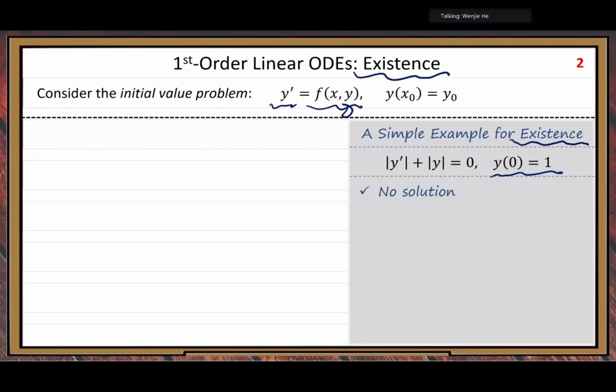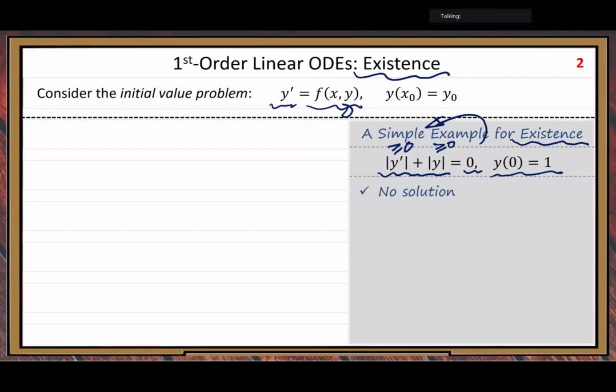It's very easy to see. Because each term is greater than or equal to 0, but the right-hand side is 0. That forces each term of the left-hand side to be 0. None of the two terms can be non-zero, otherwise this equation is not balanced.